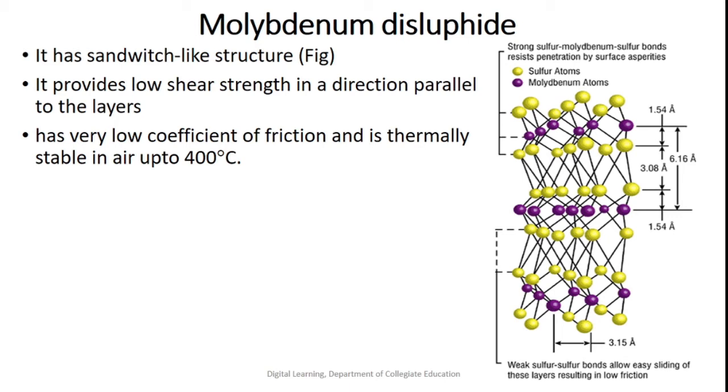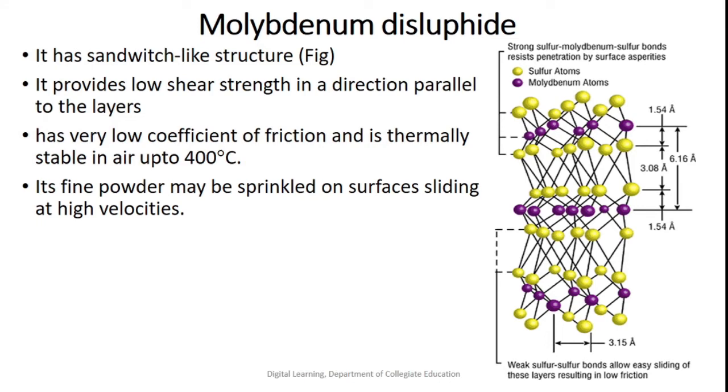Molybdenum disulfide has a very low coefficient of friction and is thermally stable in air up to 400 degrees Celsius. Its fine powder may be sprinkled on surfaces sliding at high velocities.